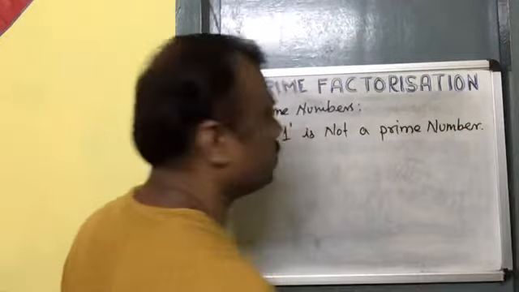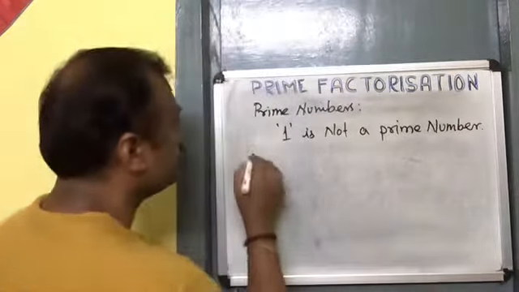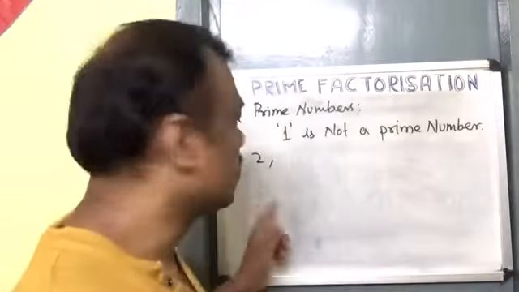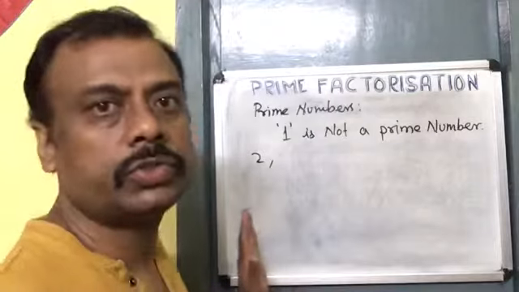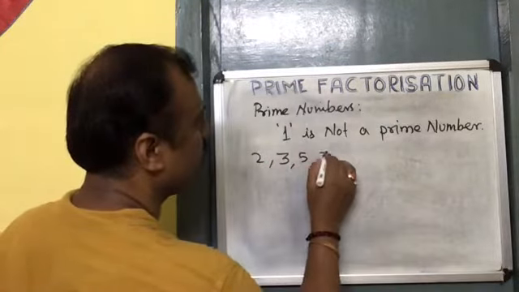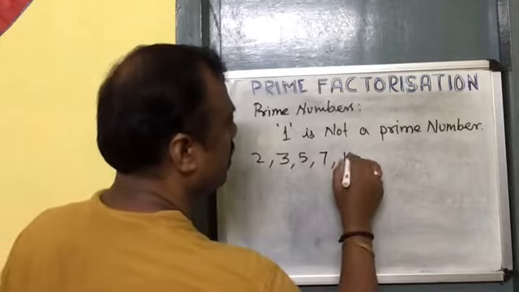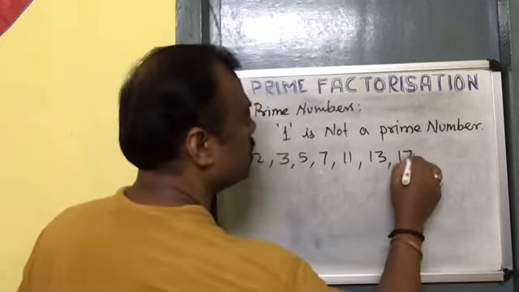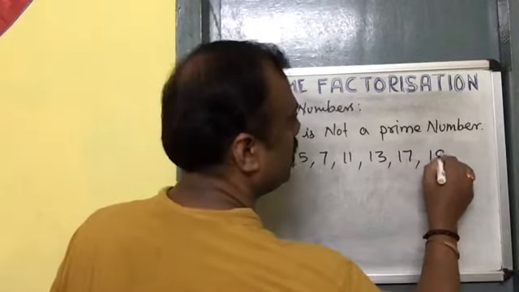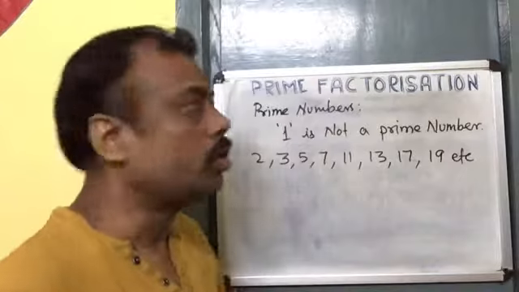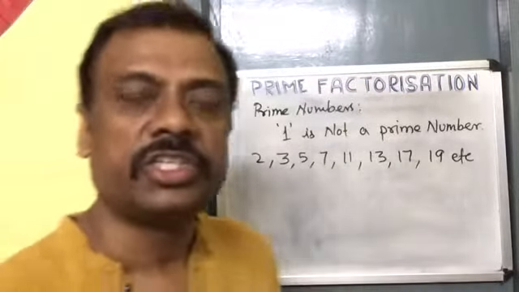And of the other numbers, 2 is a prime because 2 has factors 1 and 2. So 3 is a prime, 5, 7, 11, 13, 17, 19.